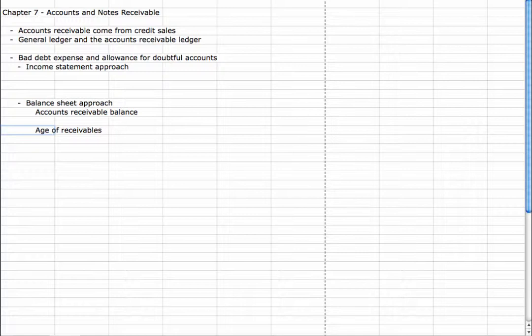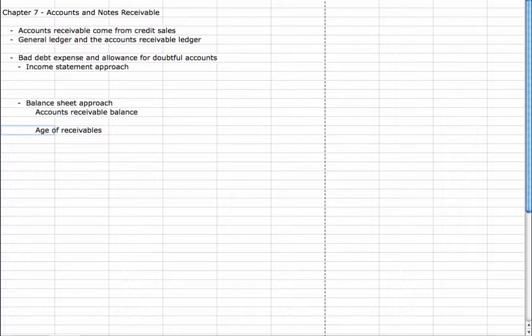So therefore, when we recognize the bad debt expense at the time of the sale, we will create an allowance, as we call it, the allowance for doubtful accounts, and that allowance is somewhat like a pool of funds available to us to apply to potential bad debts that we may recognize in the future. By doing that, we are following the matching principle because now we're recognizing bad debt expense in the same period as the revenue generated.